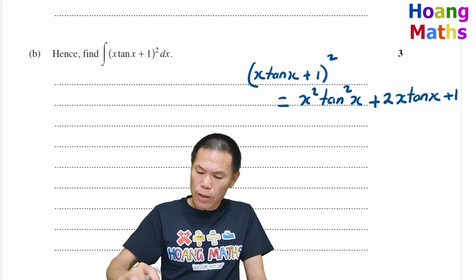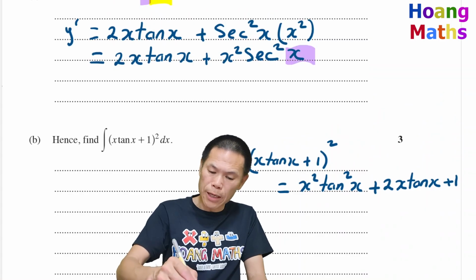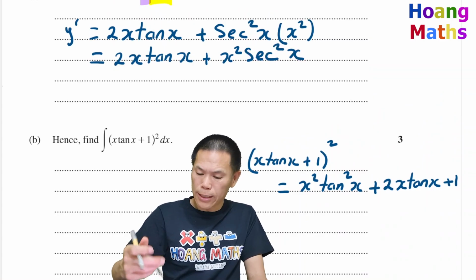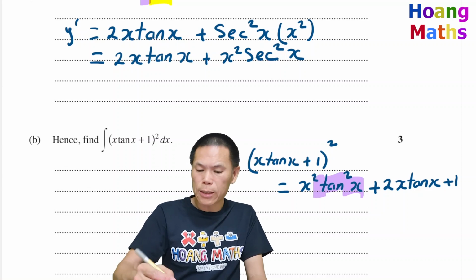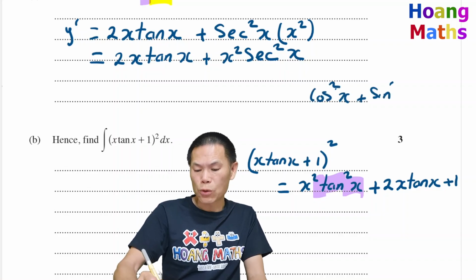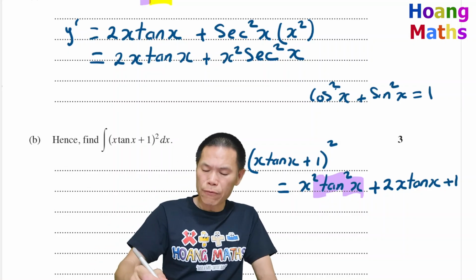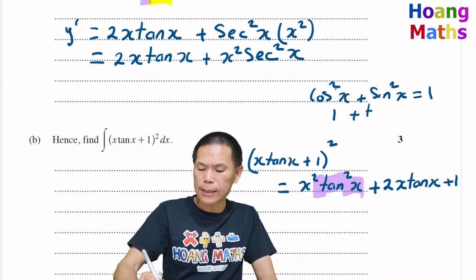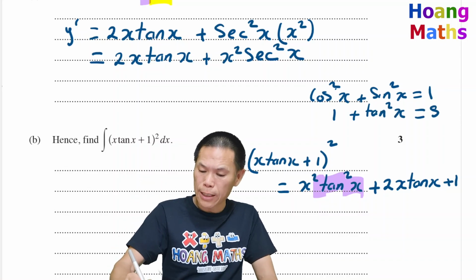Now we have this term here. I convert tan squared somehow into sec squared of x. We know the trig identity cos squared of x plus sin squared of x gives 1. If I divide every term by cos squared, that becomes 1 plus tan squared x, and 1 over cos squared of x becomes sec squared of x.